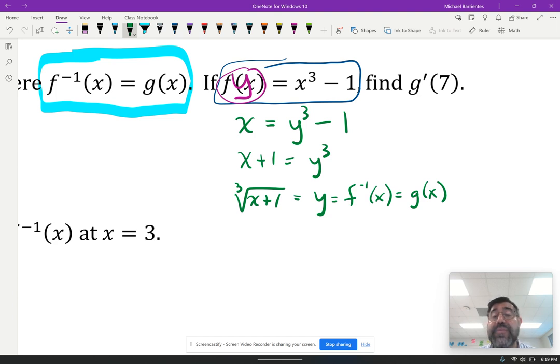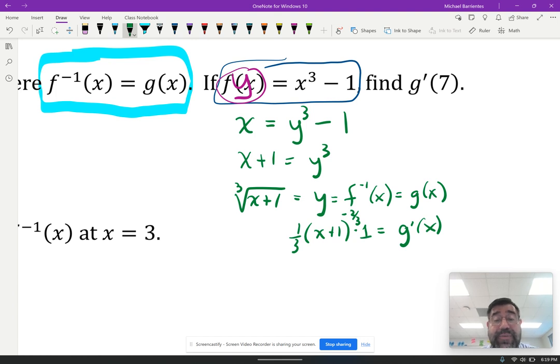Now I can take the derivative of g by taking the derivative of this thing. I have an inside-outside situation, so I find the derivative of the outside with the inside still in it, times the derivative of the inside. The derivative of x is just 1, and the derivative of 1 is 0, so 1 plus 0 is just 1.